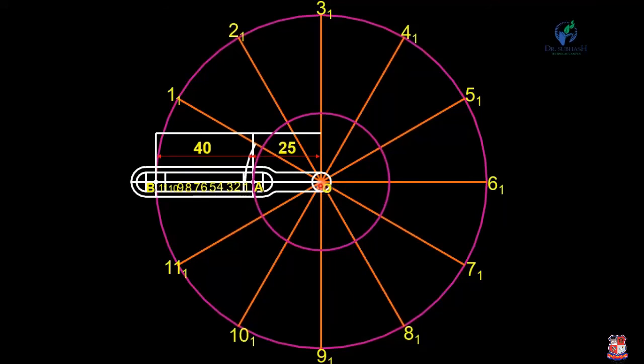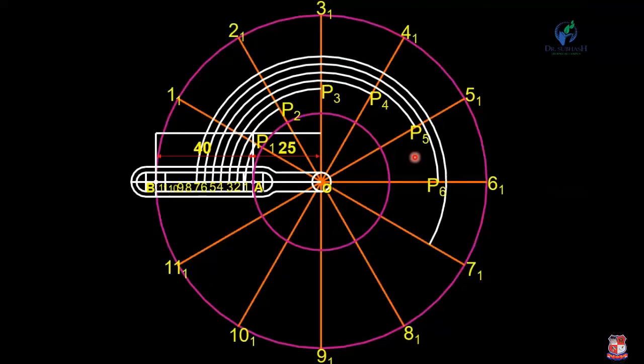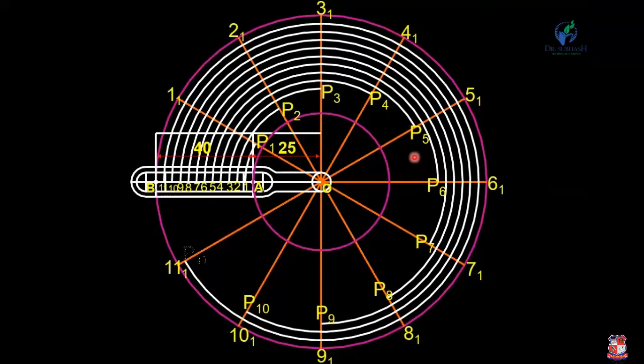Now, with O as a center, radius equal to O1, draw an arc. So you will get the point P1. Now with O as a center, O2 radius, and you will get the point P2. Similarly, O center, radius O3, P3 point, P4, P5, P6, P7, P8, P9, P10, P11, and finally you will get the point P12.